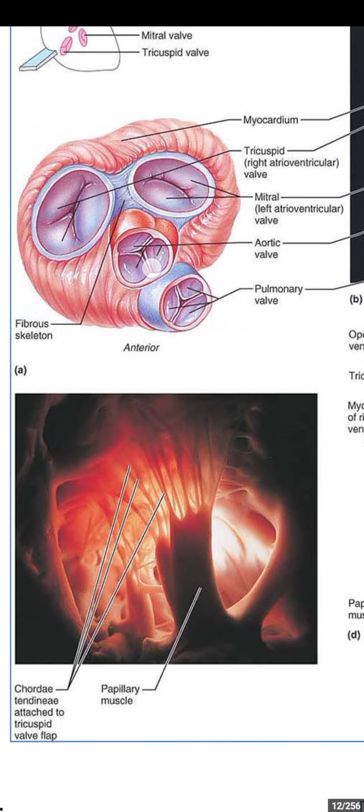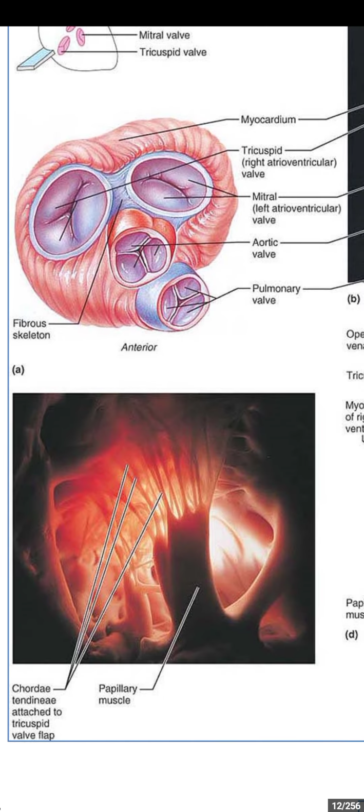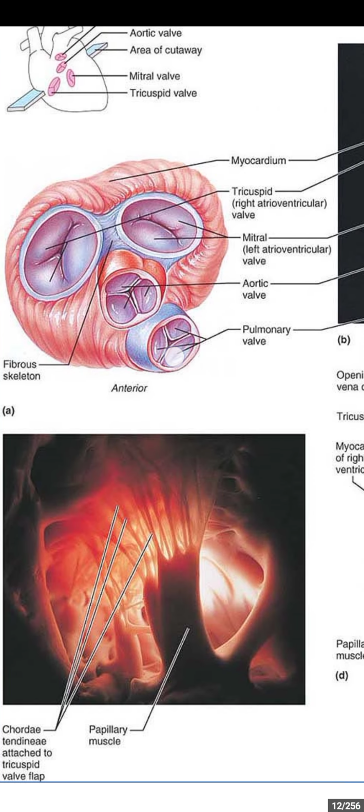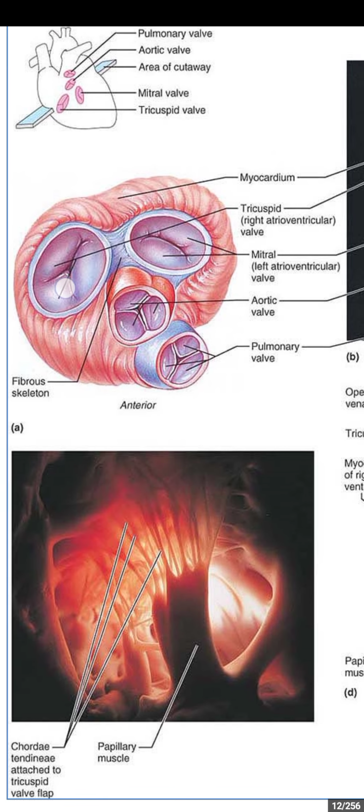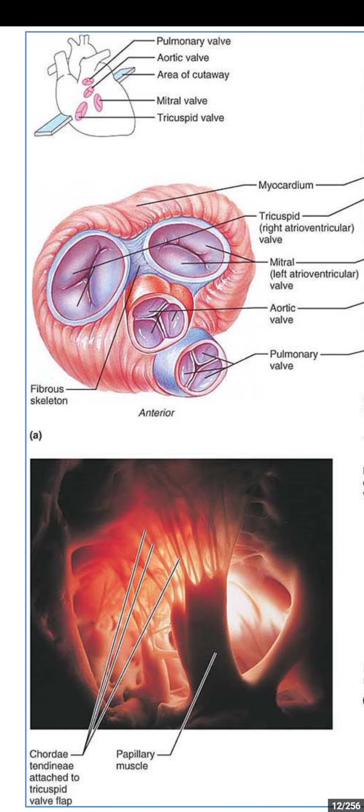In the image, the aortic valve is situated in the center of the anterior portion of the heart. The pulmonary valve is situated inferior, and these two valves are situated superior to the aortic valve.